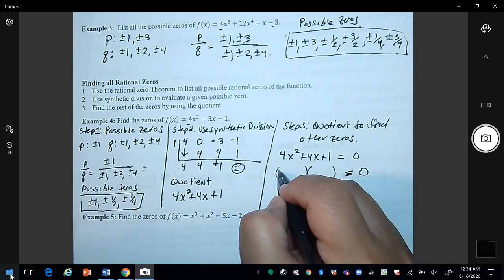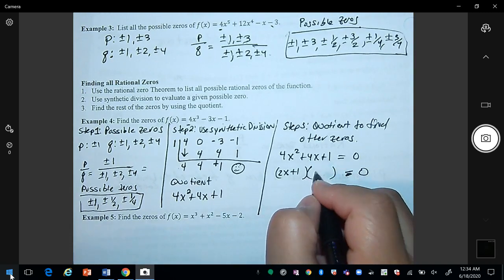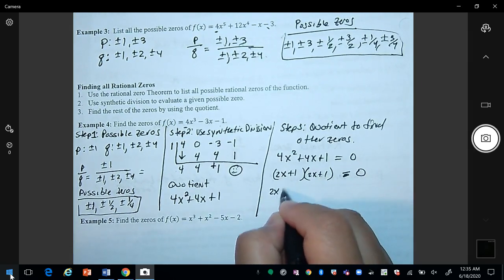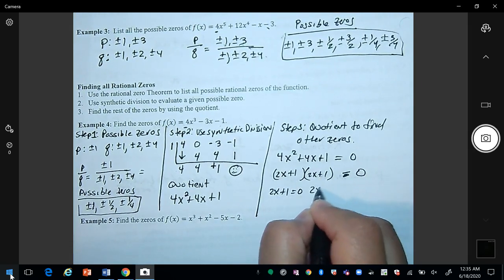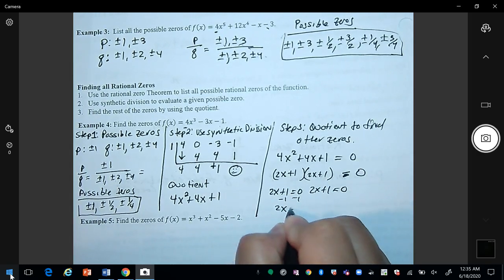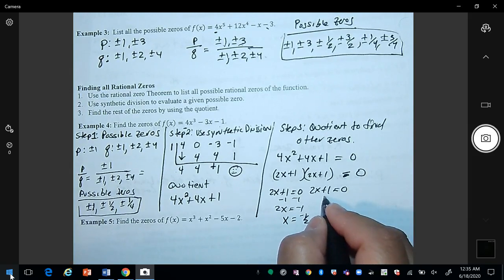In this example, we get 2x plus 1 and 2x plus 1. Solve for x by setting each factor equal to 0. Subtract the 1, so x is equal to negative a half. And this side would be the same.